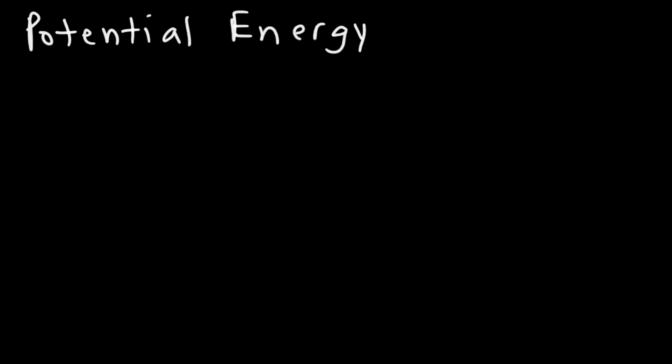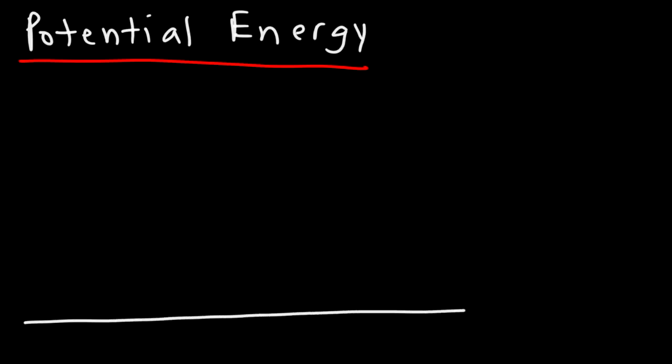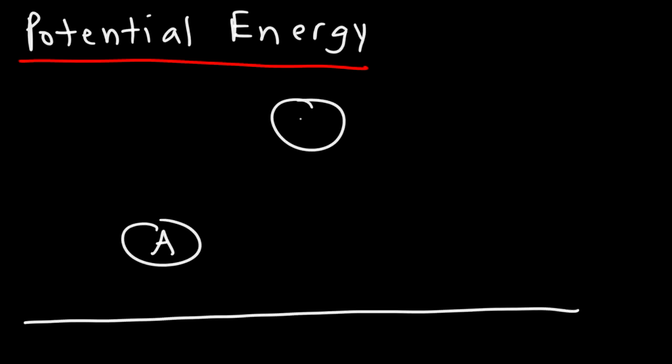Now, what about potential energy? What is potential energy? You could think of this as a form of stored energy. It's basically the energy due to position. So let's say this is the ground, and we have object A and object B. Which one has more gravitational potential energy?